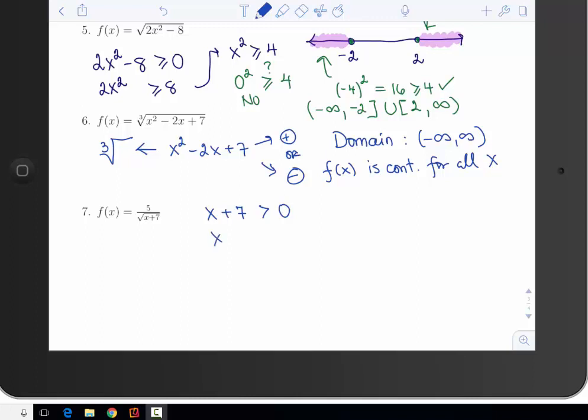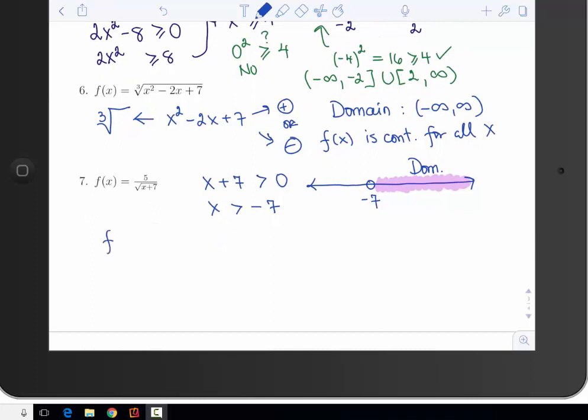Okay, so x is greater than negative 7. Negative 7 is somewhere here, so anything to the right of negative 7 will be okay. Anything else to the left of it, that's not okay. That's not in the domain. So this is your domain. From negative 7 to positive infinity.